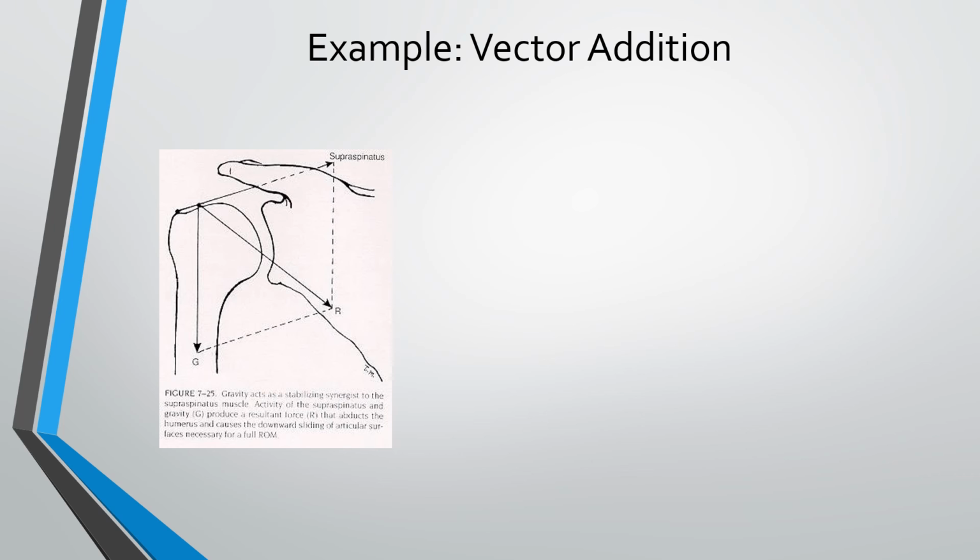So here is an example of vector addition being done. Remember, I will not ask you to do this over the next couple of semesters, but it might be worthwhile to know that such an operation exists. So we want to know the summation of the force of the supraspinatus plus the force of gravity working on the arm.